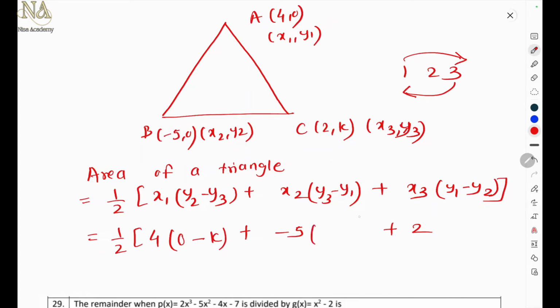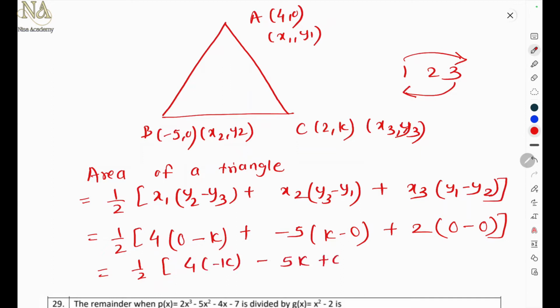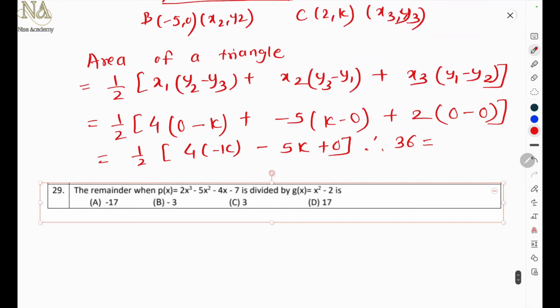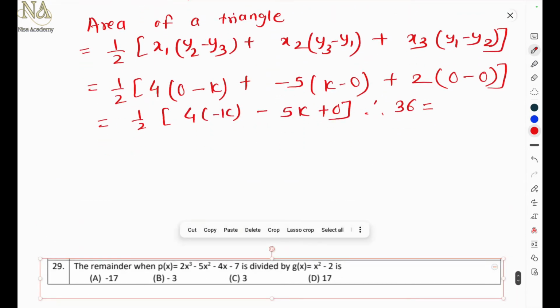Then y3, which is k, minus y1, which is 0, and y1 minus y2 is 0. So what I will get is 1 upon 2 into 4 into minus k, minus 5k, plus 0, right? So now the area of the triangle is given to me, 36 is equal to this. Take this down.